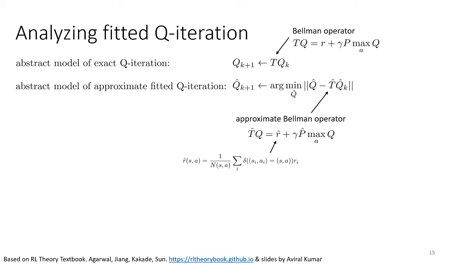So the value in R hat for SA is just the sample average: 1 over the number of times we've seen SA, times the sum over all of our samples of r_i for every r_i whose (s_i, a_i) corresponds to SA. So it's basically exactly what you think it is. It's just the average reward we've seen for that state-action tuple. And P hat, basically the same as before, is the number of times we've seen the transition (s, a, s') divided by the number of times we've seen SA.